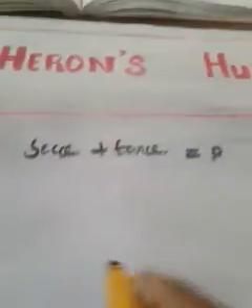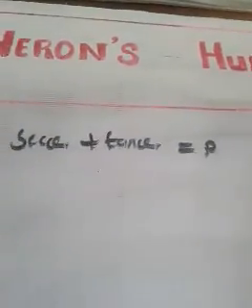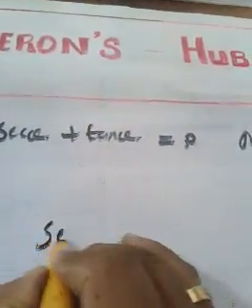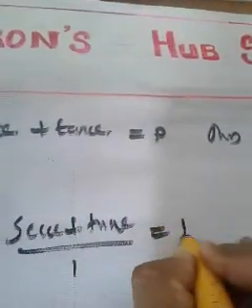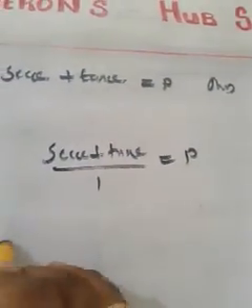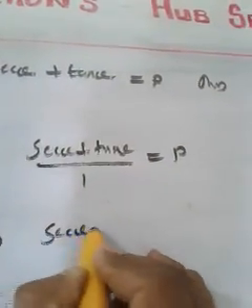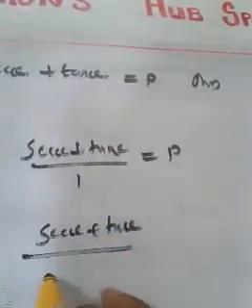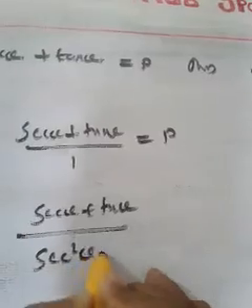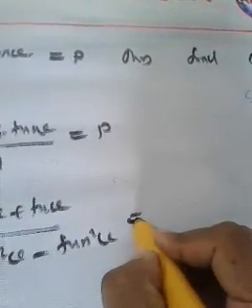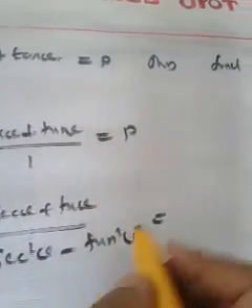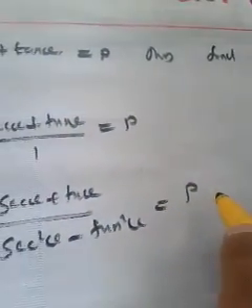Since sec theta plus tan theta is given as P, can I write it as sec theta plus tan theta by 1 is equal to P? Of course. Then can I write 1 as sec square theta minus tan square theta? Of course. By the identity 1 plus tan square theta is equal to sec square theta, you can replace 1 by sec square theta minus tan square theta.